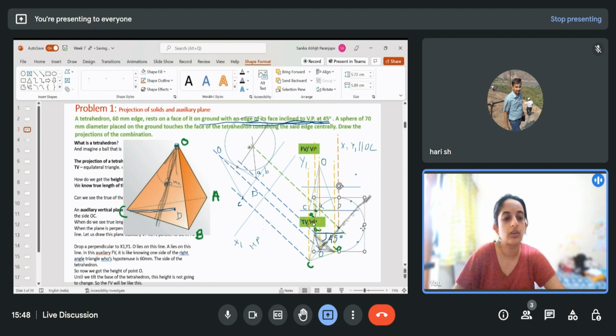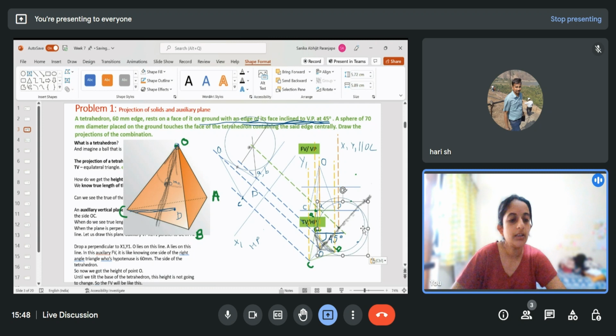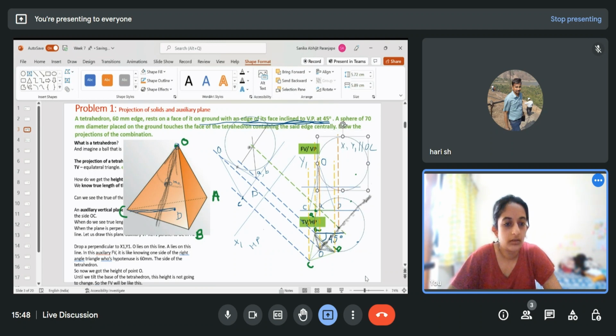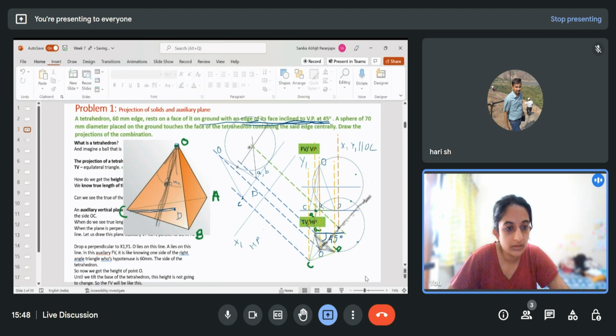So similarly, I can draw the same circle with the same radius, because it is a sphere, it will look the same. So this was my center of the circle.